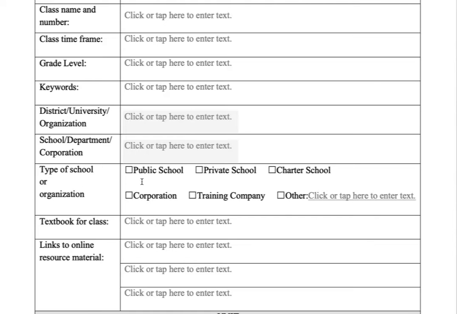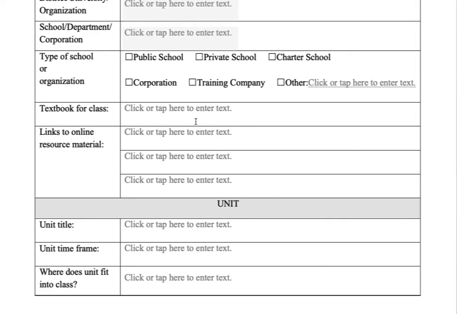Next, in the area that says type of school or organization, you will click in the box next to the type of school that you are teaching at or working with, such as public school or private school.